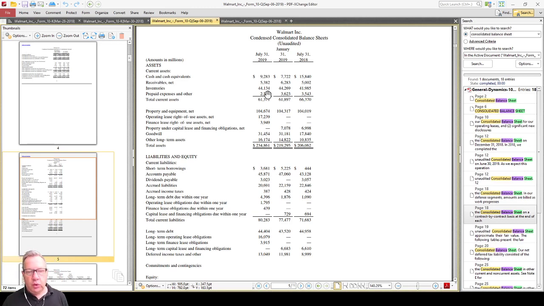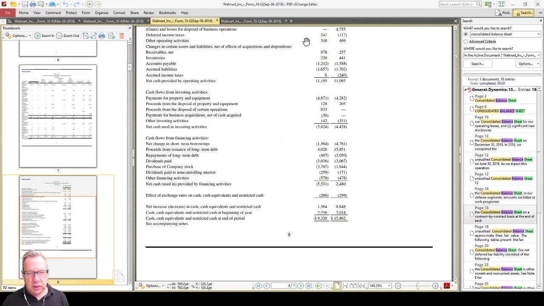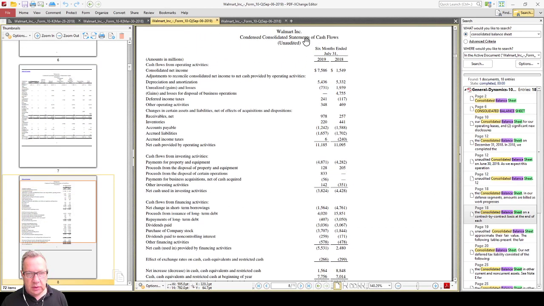A balance sheet's a bad example, and I'll show why in a second. But let's go to an income statement. There we go. See that it says 6 months ended July 31st. So it only has 6 months of data.